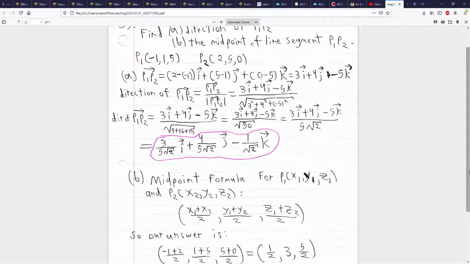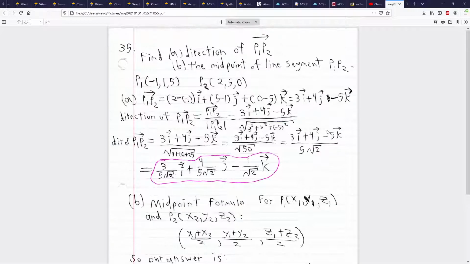Then you basically get IJK format, as before: i is associated with x values, y was j, and z was k. Otherwise, you get 3i plus 4j minus 5k. And we need to find the direction of this vector.